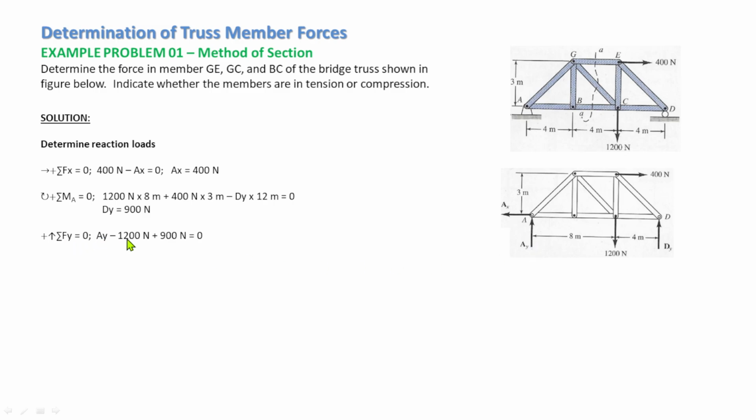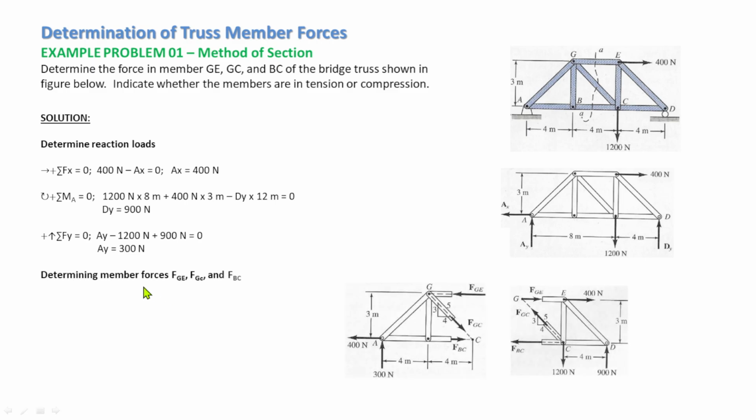So Ay minus 1200, negative because it's downward, plus 900, which is Dy, is equal to 0. And the answer is 300 newtons for the Ay reaction. So we have already determined all the reactions. Then we will proceed to determine the internal forces of the unknown members.